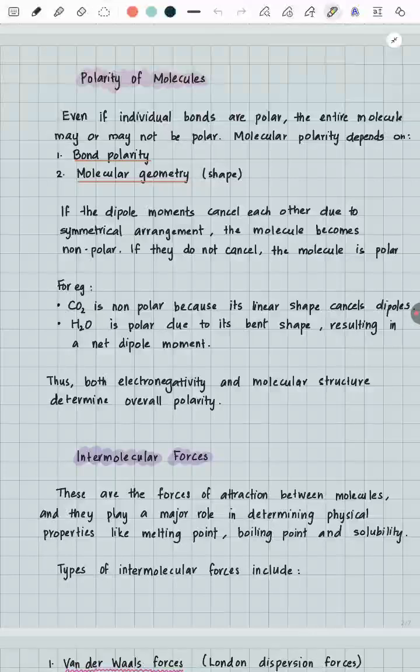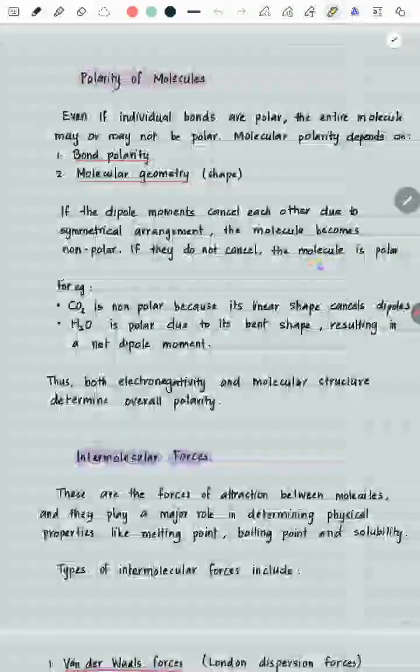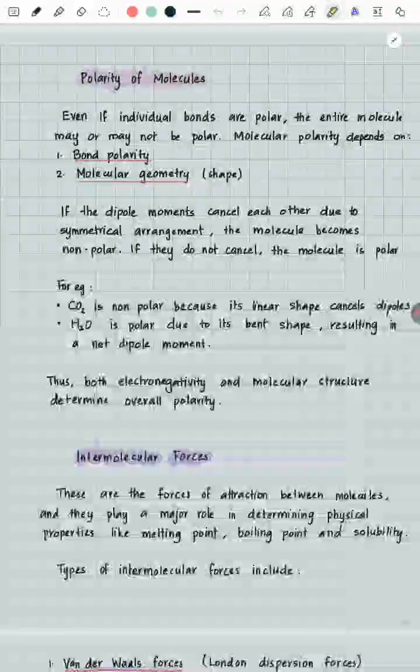If the molecule is symmetrical, the dipole moments cancel each other and the molecule becomes nonpolar. On the other hand, if the molecule is asymmetrical, the dipoles do not cancel and result in a polar molecule. So, both bond polarity and molecular structure must be considered together.